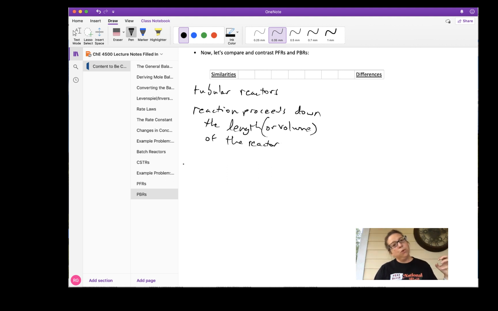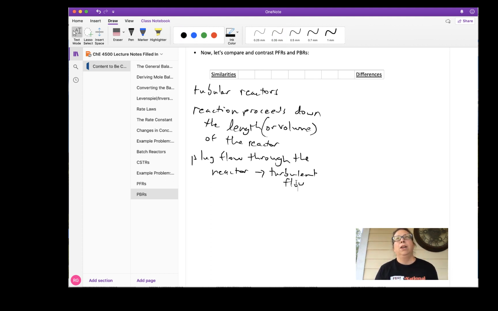The flow through the reactor is plug flow. By plug flow, we mean turbulent flow. There are laminar flow tubular reactors. We're not going to study them in this class, but if you were to take graduate chemical reactor design, you might encounter them there.